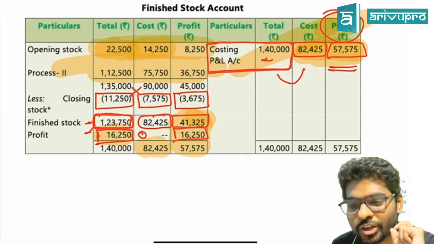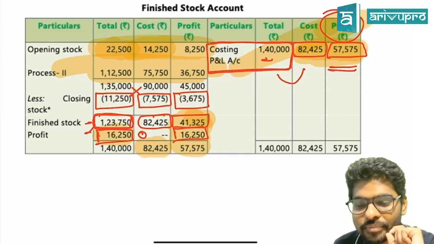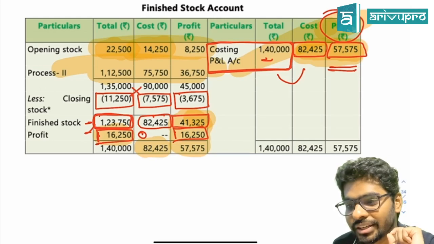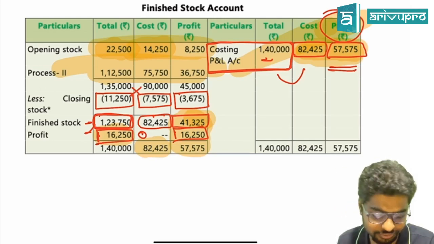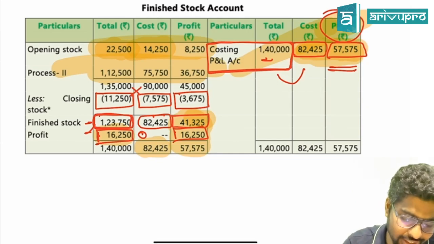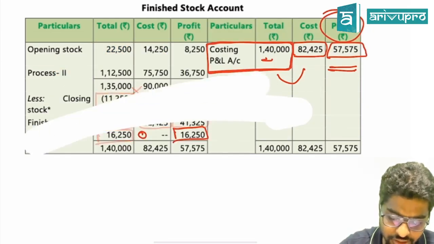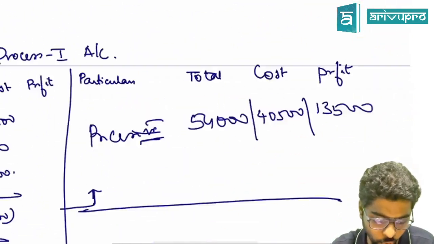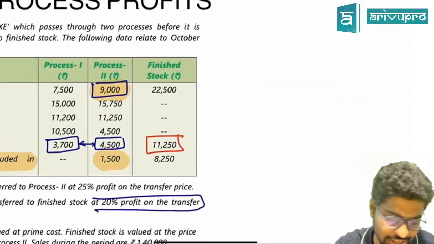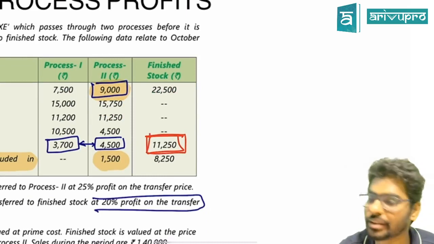This is just about writing the balancing figure. Anyone wants me to repeat this again? Closing stock figures, Pratham. I didn't arrive at the closing stock figure here, Pratham. See, in the question, they have told me the closing stock is 11,250.